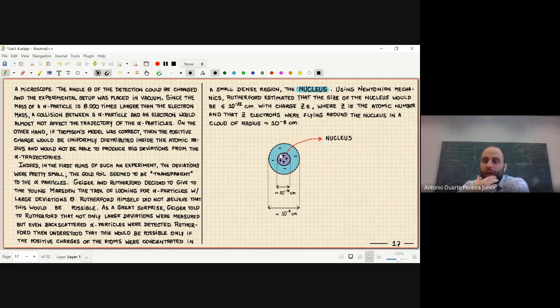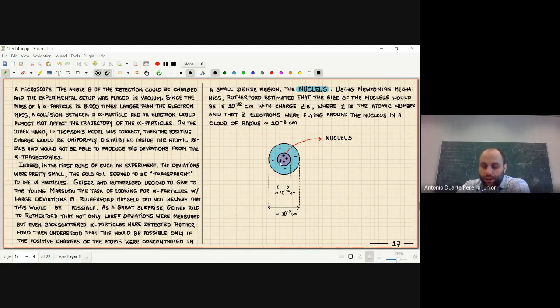We are very used to this concept nowadays. But he said the positively charged particles are inside this tiny region that is called the nucleus, and the electrons will be flying around in a cloud around this nucleus.